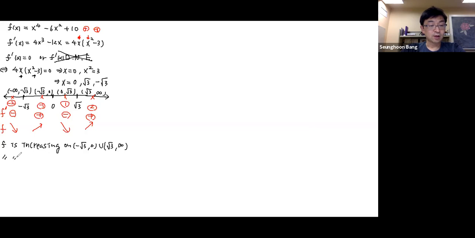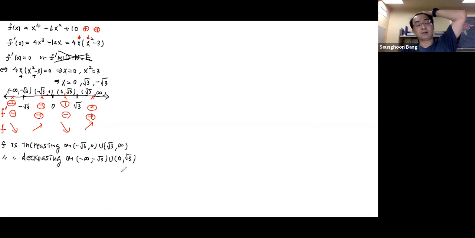The function f is decreasing on the first interval, minus infinity to negative root 3, and on 0 to root 3.